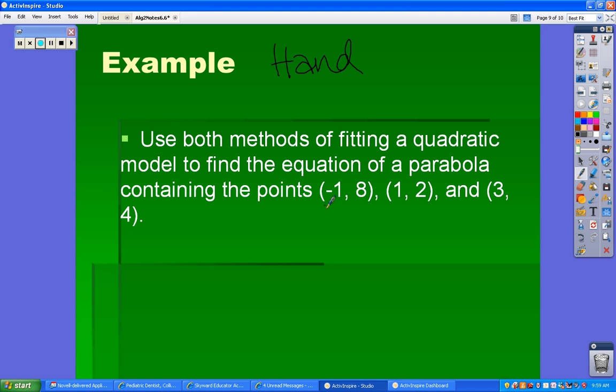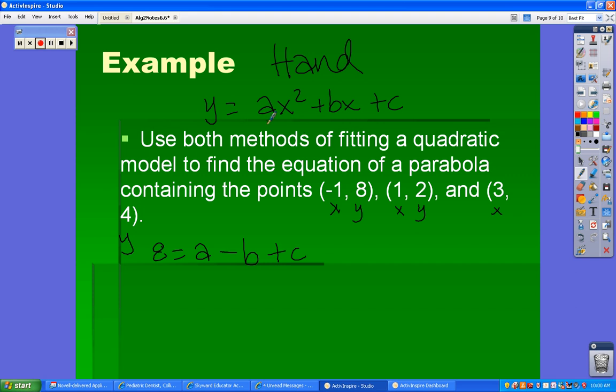Okay. So I have xy, xy, xy. We are plugging that into this guy. Y equals ax squared plus bx plus c. Okay? So 8 equals... x is -1, so this is going to be 1a, because -1 squared is 1, so 1a, minus b plus c.